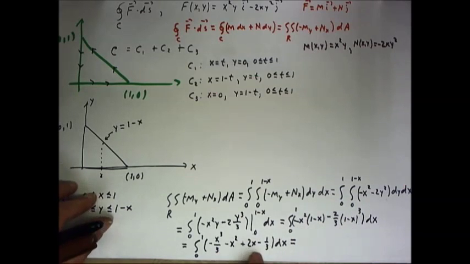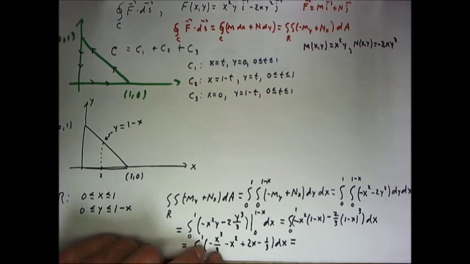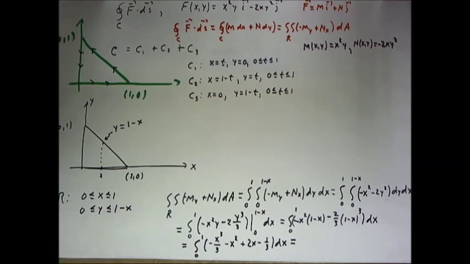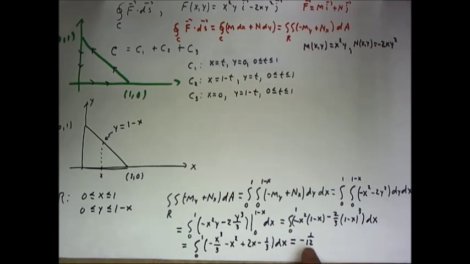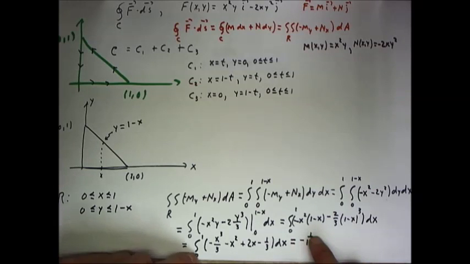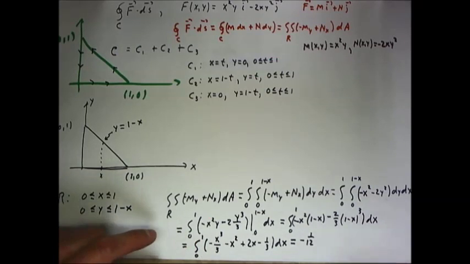You add all that together, you're going to get this, and when you integrate that, you're going to get some fractions that are fairly straightforward. If you integrate x cubed over 3, you're going to get 1/3 x to the 4th over 4, so that's going to give you negative 1/12. Now I'm just going to write out the negative 1/12 because it's going to be negative 1/12 x to the 4th, but you're evaluating that between 0 and 1, x to the 4th, any power of x is just going to give you 1 when you complete the integral.